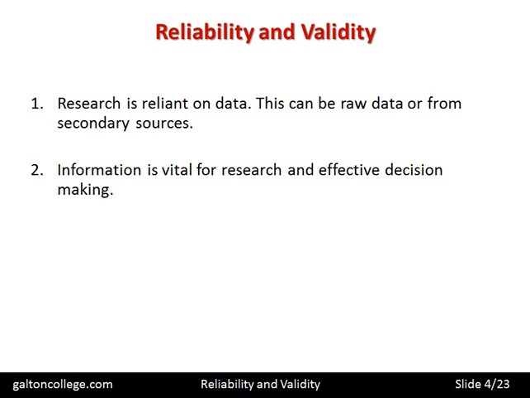But when they're analyzed and processed, they become information, they become useful. So information is vital. It's very important for the business community to have access to good information, reliable information, and this will enable them to make effective decisions. So good information is important in business.